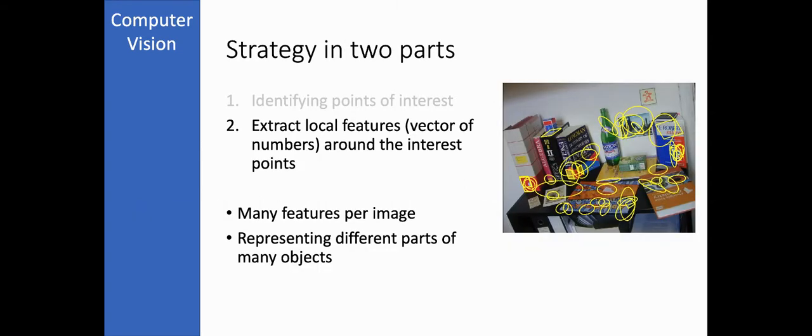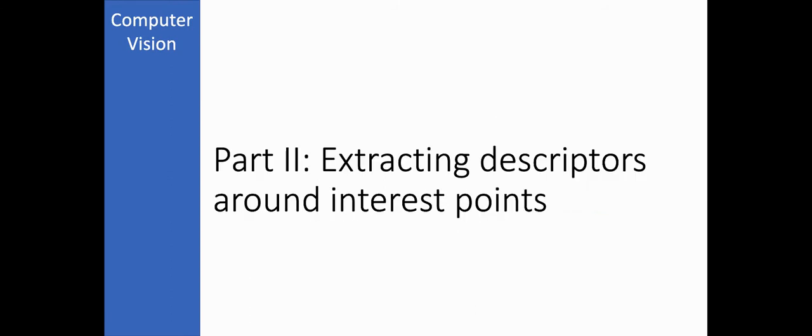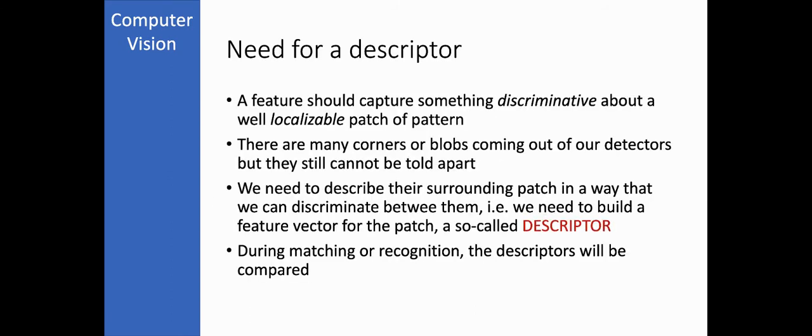That concludes the first part of our strategy, identifying the points of interest. In the second part, we'll talk about how we extract local features from these points of interest, so extracting descriptors around interest points. To recap, a feature should capture something discriminative about a well-localizable patch. We covered the well-localizable patch idea, and we've seen that from these images, we extracted many, many corners or blobs coming out of our detectors.